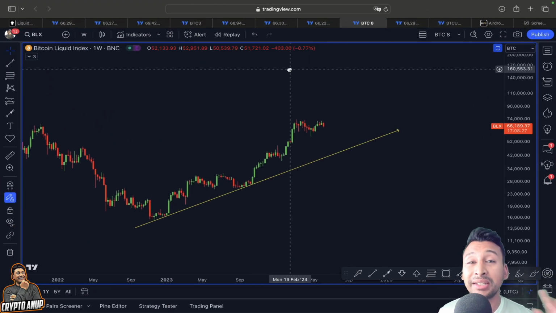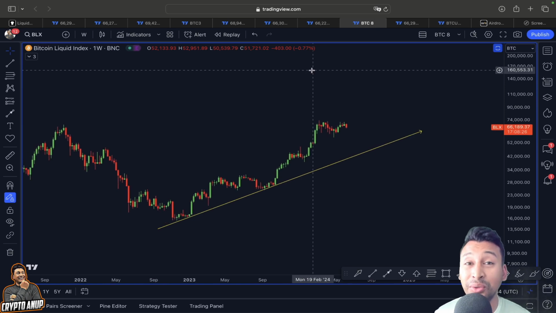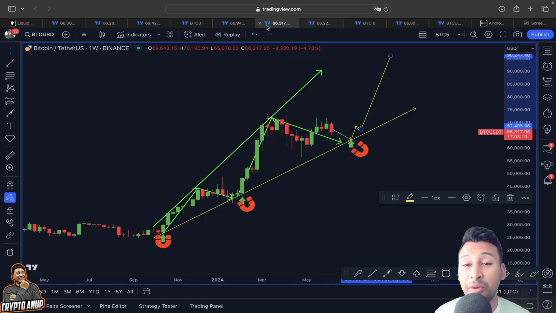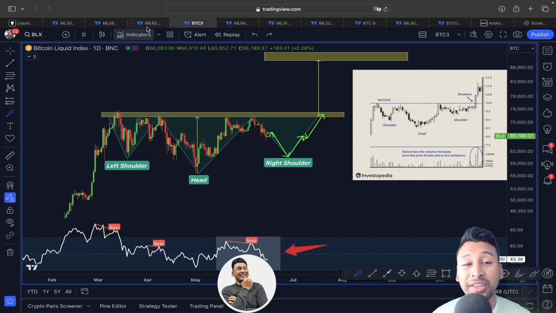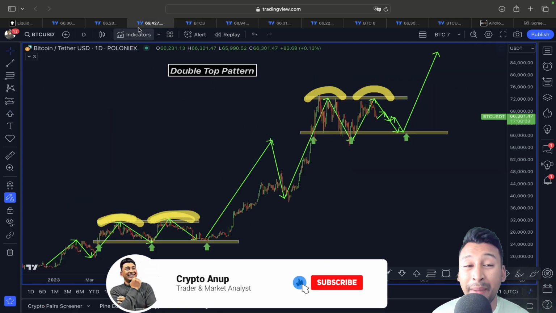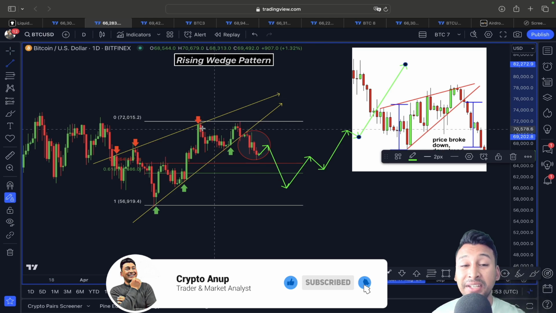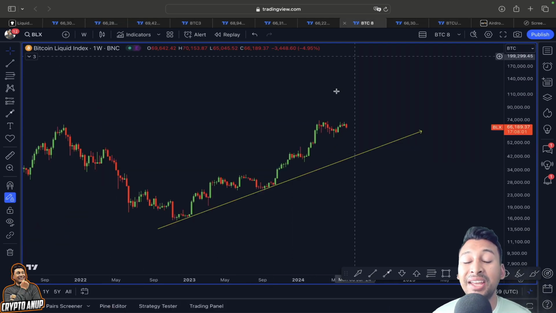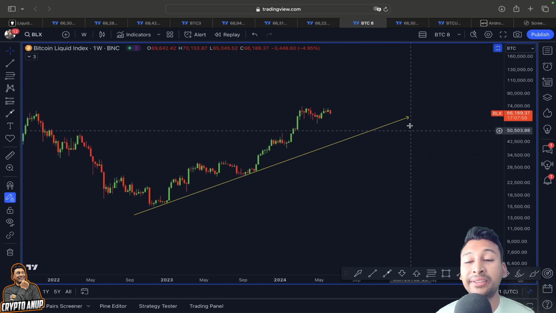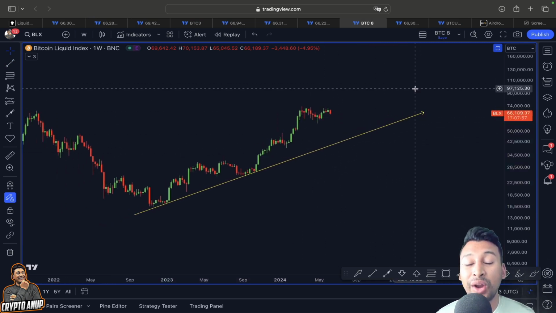So in case of doubt, I suggest you guys simply zoom out, and even if the worst case scenario starts playing out, price invalidating this step-like formation, price starting with this bearish continuation pattern, ascending broadening wedge, invalidating this descending broadening wedge, inverse head and shoulder, double top pattern starts playing out, invalidating this bullish move, I mean this Wyckoff's reaccumulation, in that case we will be looking at this bigger rising trend line.